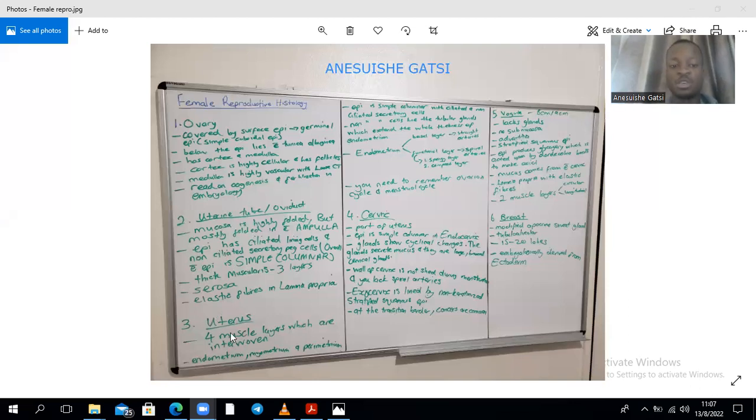Right? That's going to be the uterus. It's going to have a body, a fundus, and a cervix, right? And the walls are going to be made up of an endometrium, a myometrium, and a perimetrium, right?